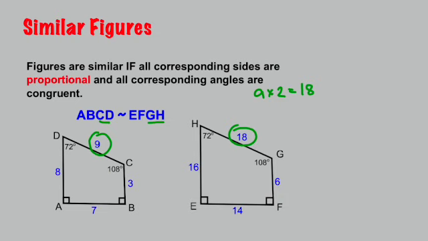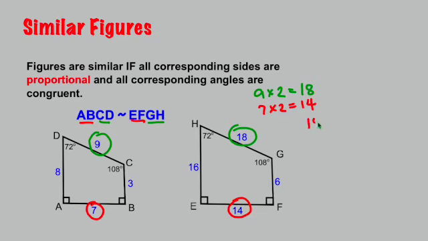If you take another set of sides, for instance 7 down here, those are the first two letters, AB. The first two letters here are EF, and 7 times 2 equals 14. If we double the side lengths of the figure on the left, it equals the length of the ones on the right. And it holds true for all of them.